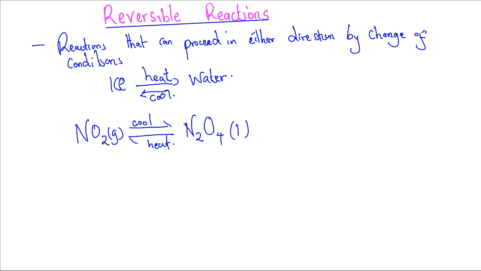And when this hydrated copper 2 sulfate is heated, it loses the water of crystallization and gives back anhydrous copper 2 sulfate. So there are several reversible reactions whereby, on changing the condition, we get back from products to reactants.